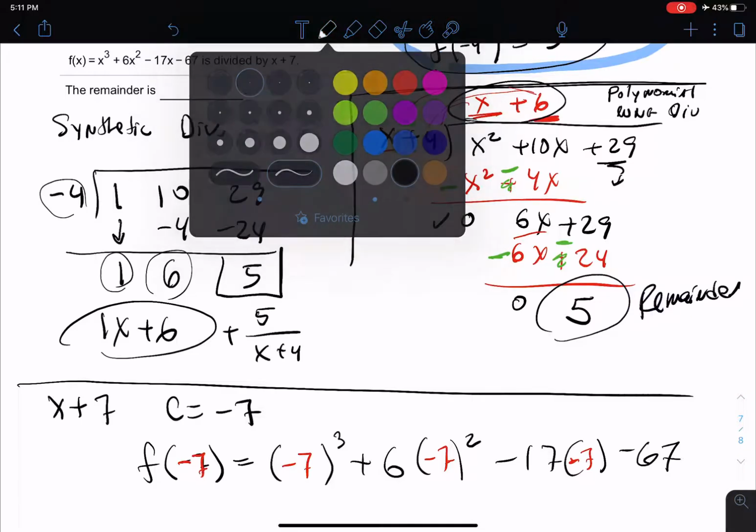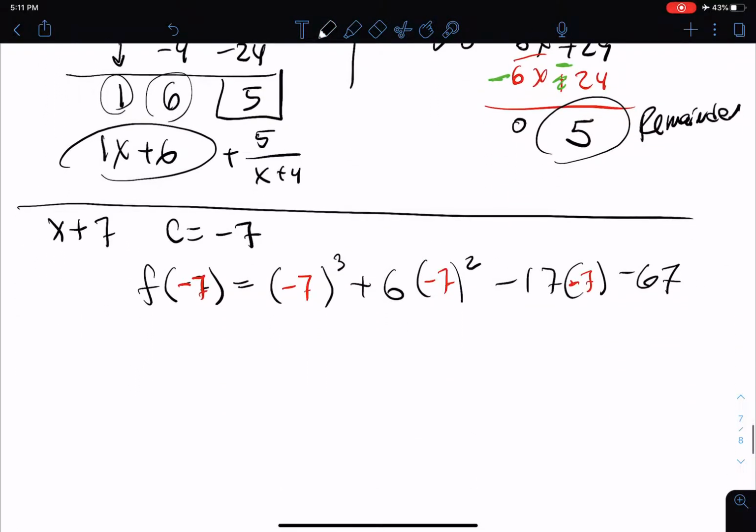Then negative 7 cubed is negative, so this just becomes negative 343. And then, of course, negative 7 squared is 49. And 49 times 6 is 294.